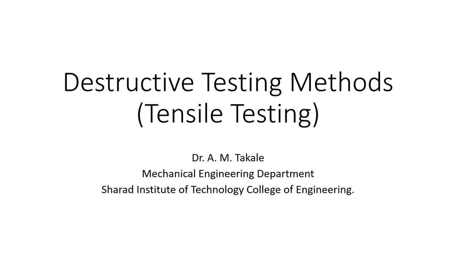Today, we will study destructive testing methods, that is, tensile testing. We know that in metallurgy, there are two methods. One is a destructive testing method, and another is a non-destructive testing method. In a destructive testing method, normally we are using this method to measure tensile test, compressive test, shear test, bending stress, impact stress, and hardness test.